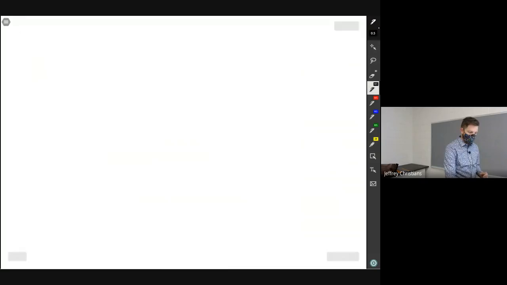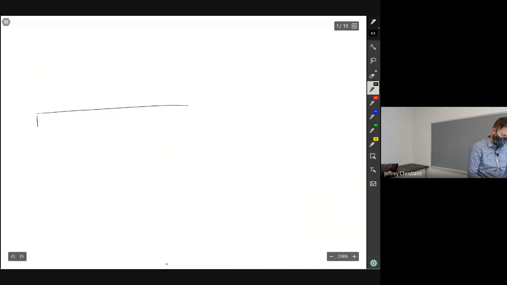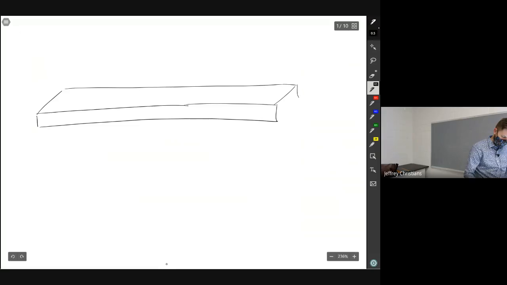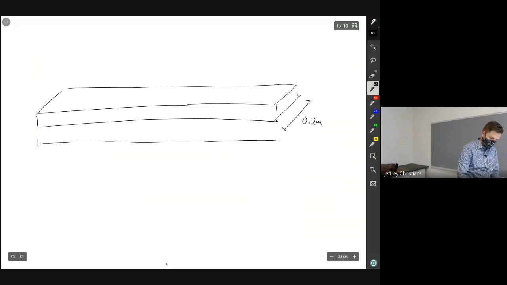So last class, we looked at a system like this, where we had a flat plate and we knew the dimensions of this was 0.2 meters by 0.4 meters.